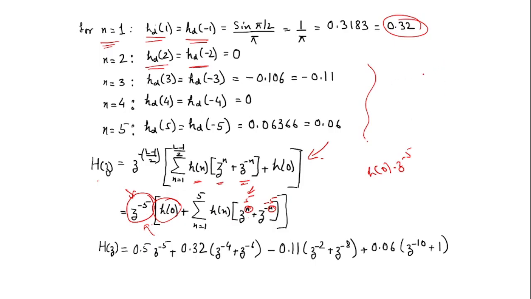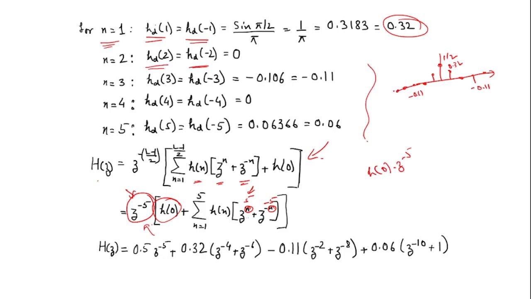So what is happening? For 0 we have half over here, then h of 1 we have 0.32, again over here it is 0.32. Then h[2] is 0, then we have minus 0.11, here also you will have minus 0.11. Then again you will have 0, 0.